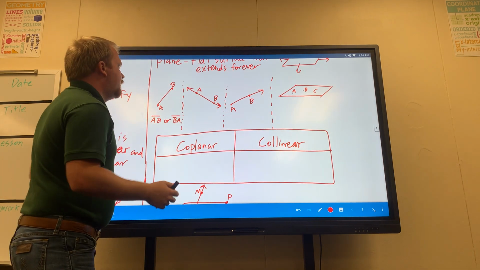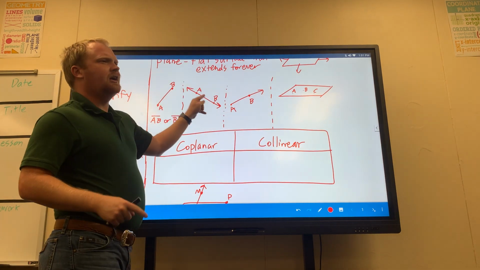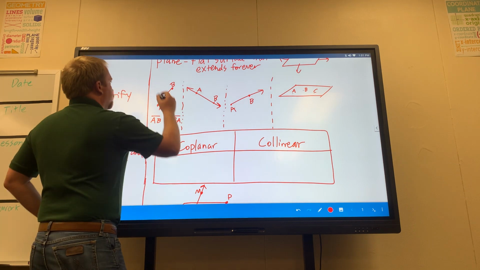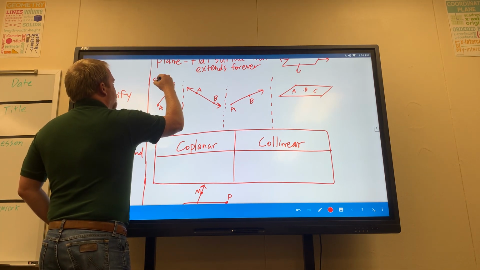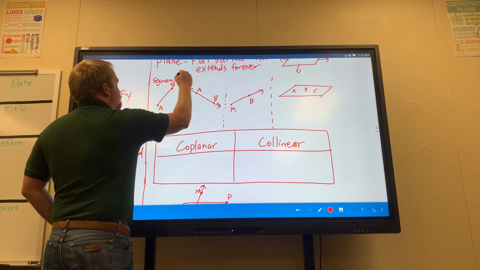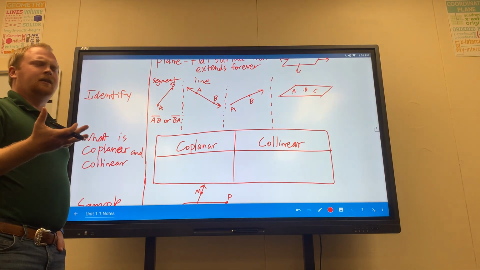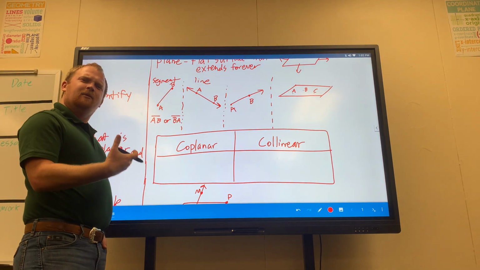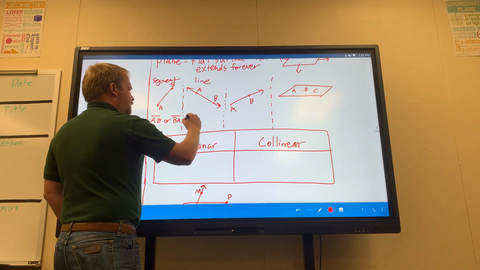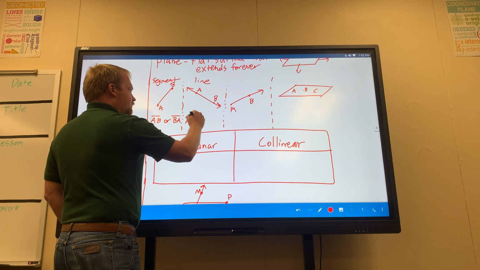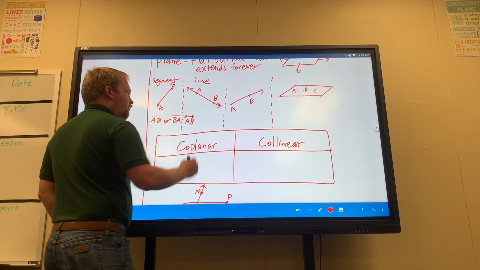Okay? Now, this is a line. So real quick, this is a segment. This is a line. So how do we identify a line? Well, we do it the same way as a segment, but the biggest difference is that instead of just a normal line, I'm going to put arrows on both ends.